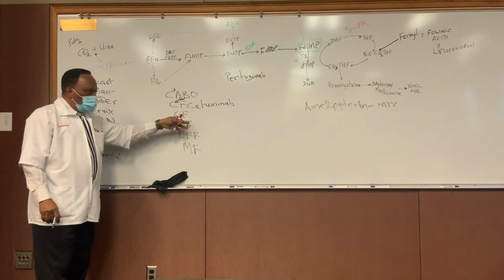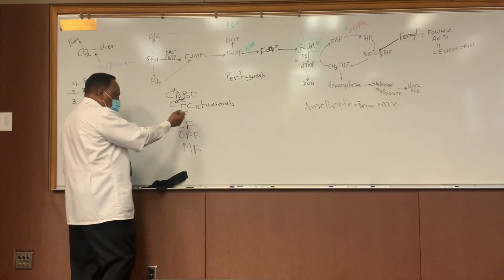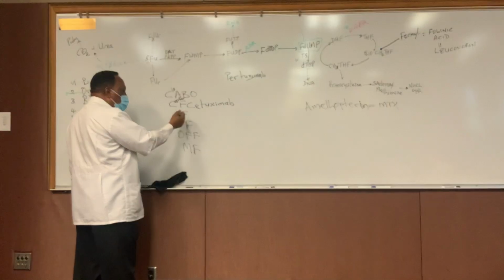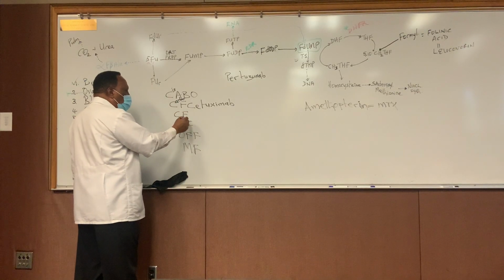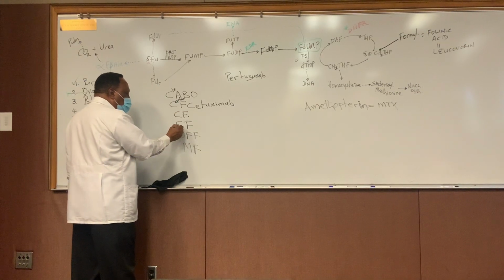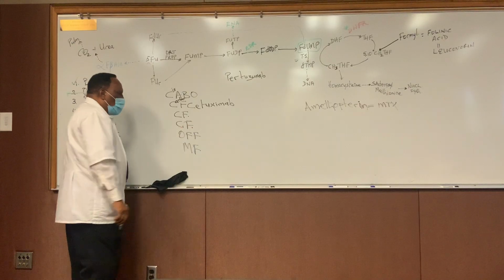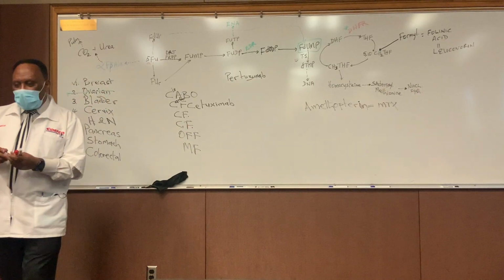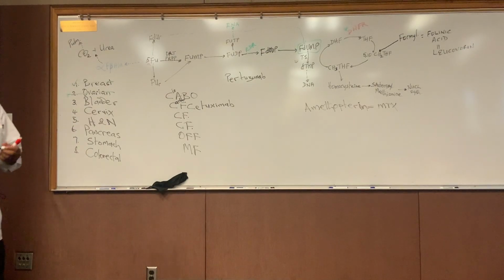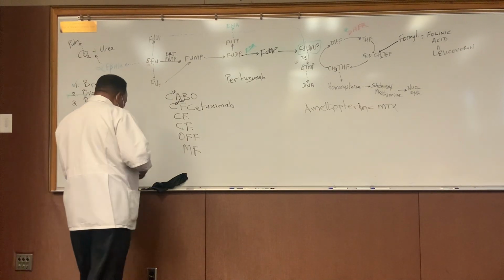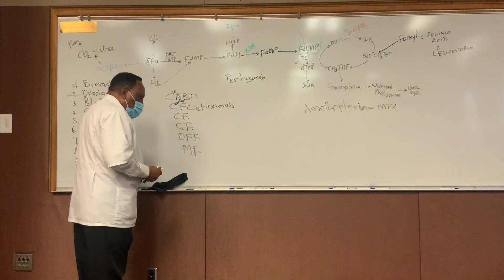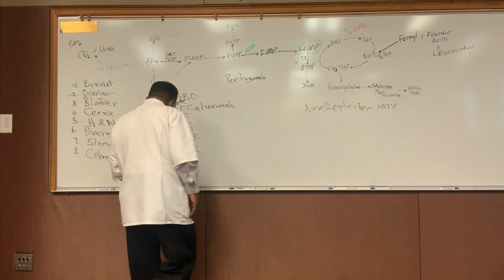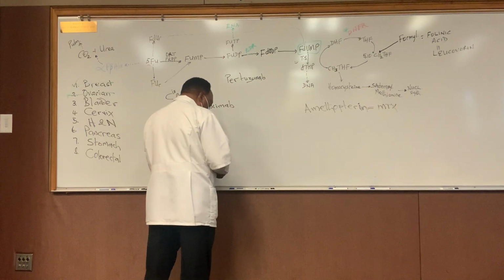And then the first CF here, you can say carboplatin plus 5-FU, and then cisplatin plus 5-FU. And then OFF will be oxaliplatin plus 5-FU, and then with your folinic acid.